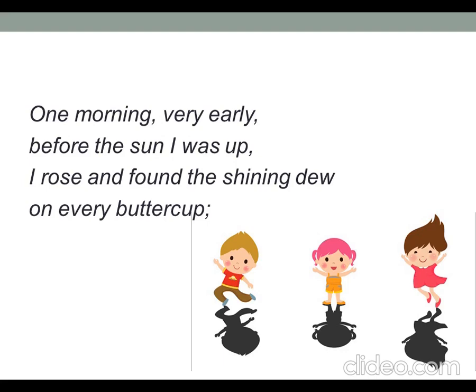Dew means the droplets that you find during early morning or sometimes during evening when there is cold weather, that moisture that you find in the atmosphere. So he found those shining dewdrops on every buttercup. Buttercup is a plant, a type of flower.